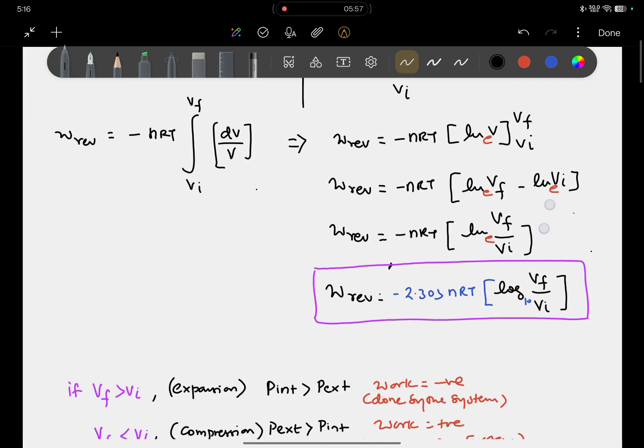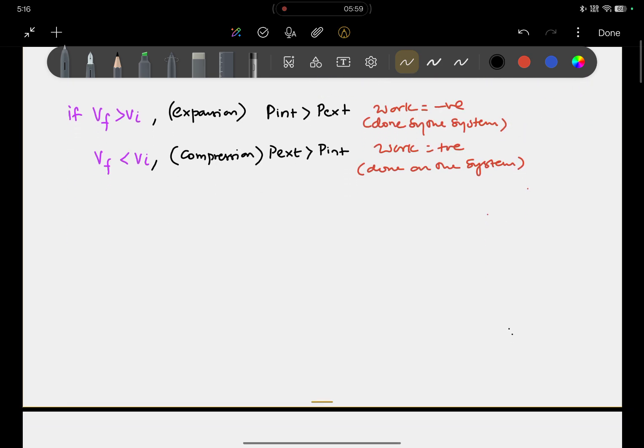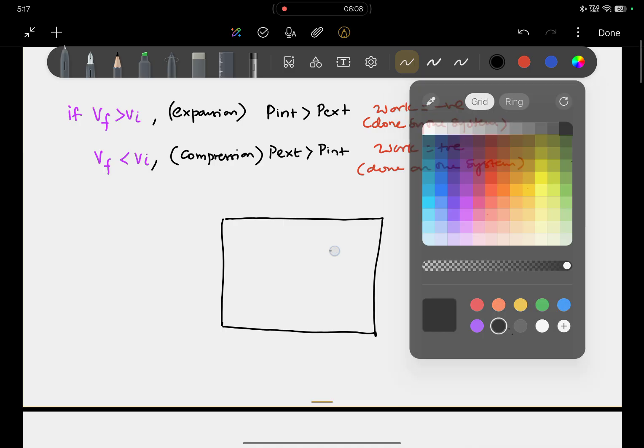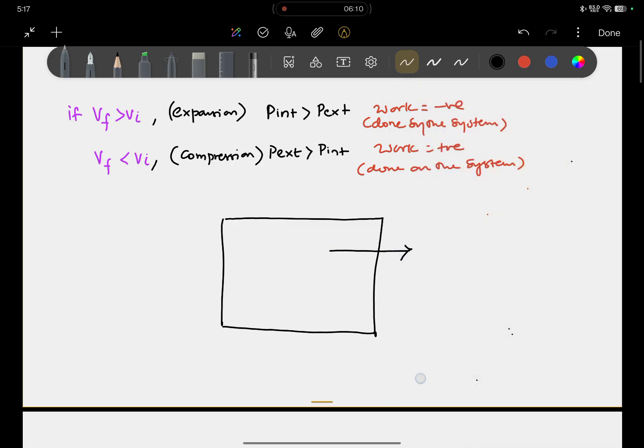So similarly, let us assume this is the system. There are two possibilities. Either heat can go out or heat can come in, or work is done out or work is going in.